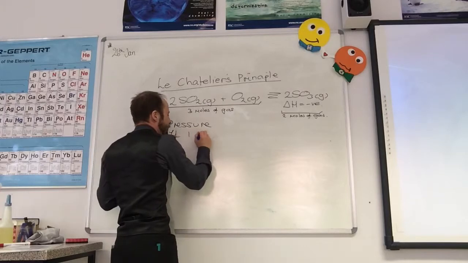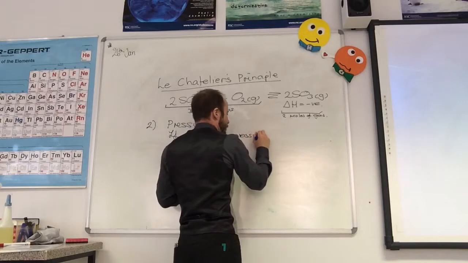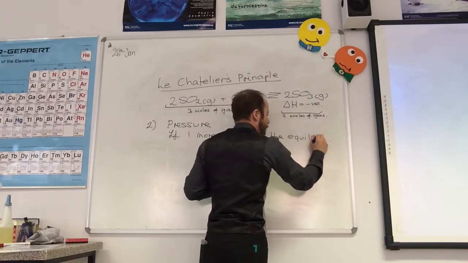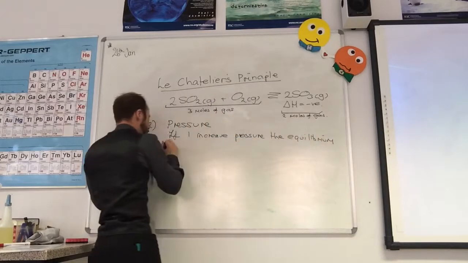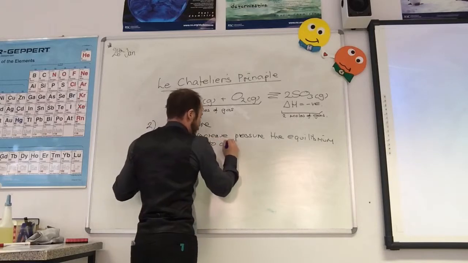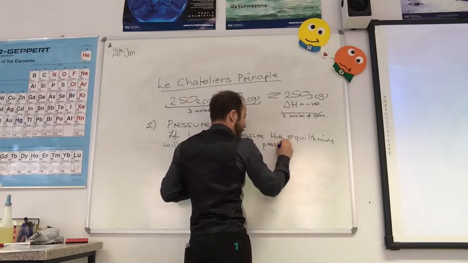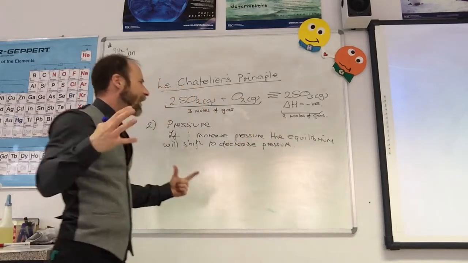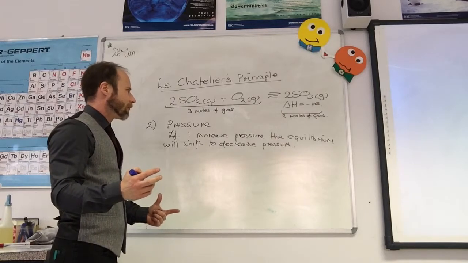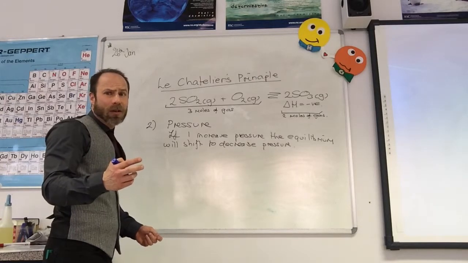So if I increase pressure, the equilibrium will shift to decrease pressure. So in this example, if I increase pressure, which way will it shift? The more gaseous moles I have, the higher the pressure.